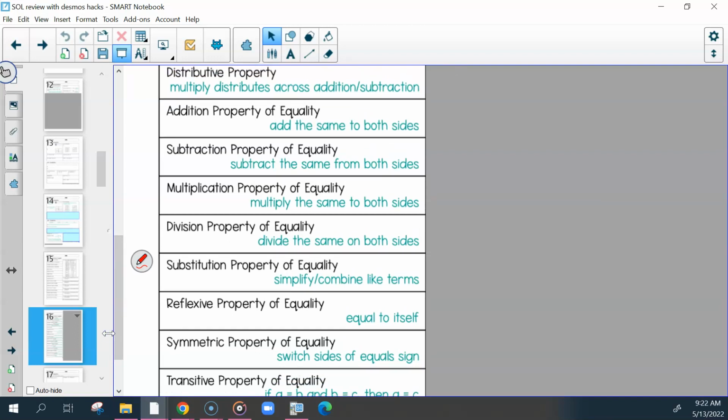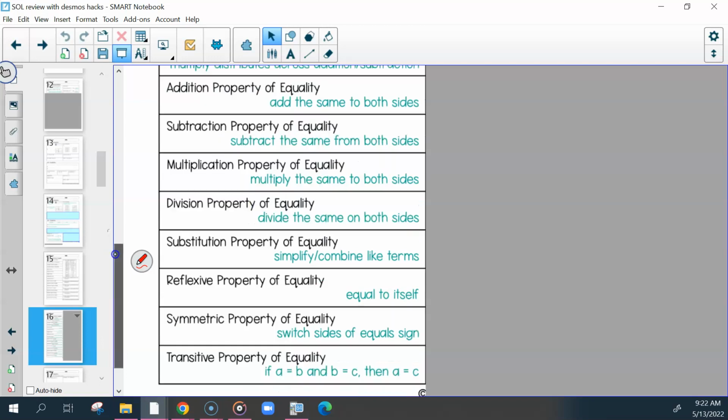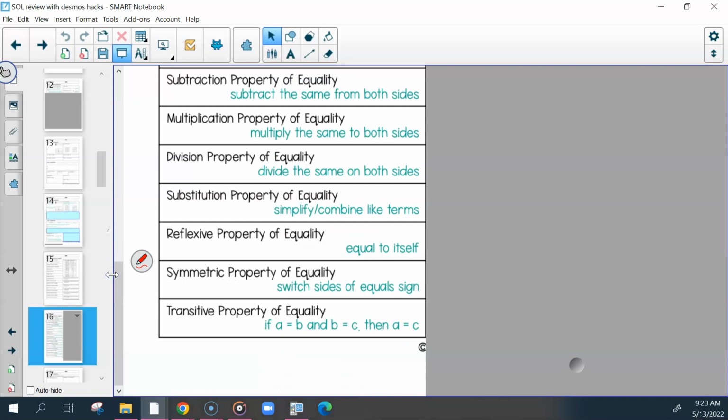Multiplication property of equality, multiply the same to both sides. Division, the same, divide the same on both sides. Substitution property of equality is simplify or combine like terms. Reflexive property is equal to itself, A equals A, 3 equals 3. Symmetric property is when you switch the sides of the equal sign, A equals 3, 3 equals A. Transitive property of equality, if A equals B and B equals C, then A equals C.